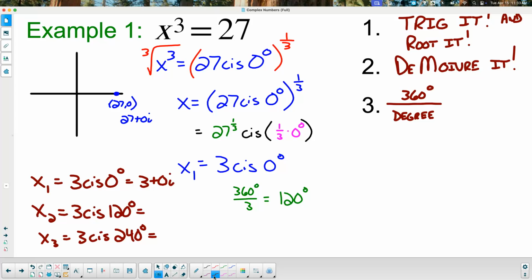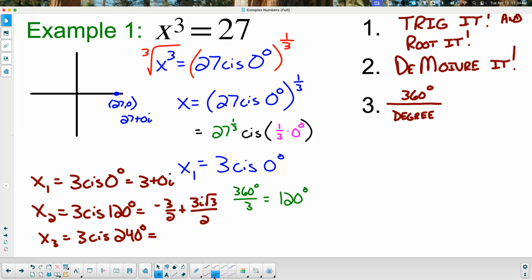So 120 degrees is negative 1/2. So that's going to be negative 3/2, and then that's going to be plus 3I square roots of 3 all over 2.